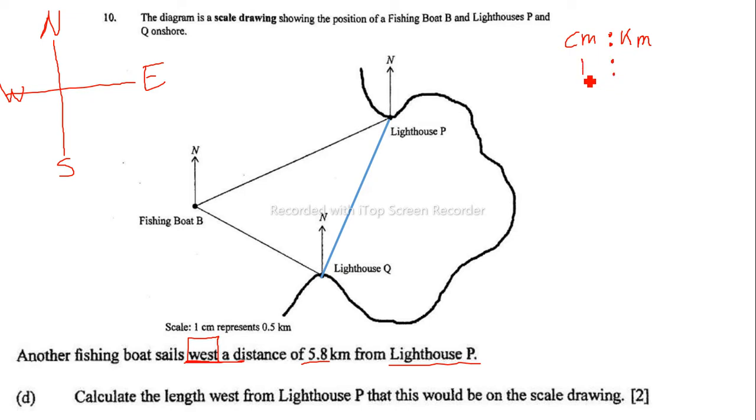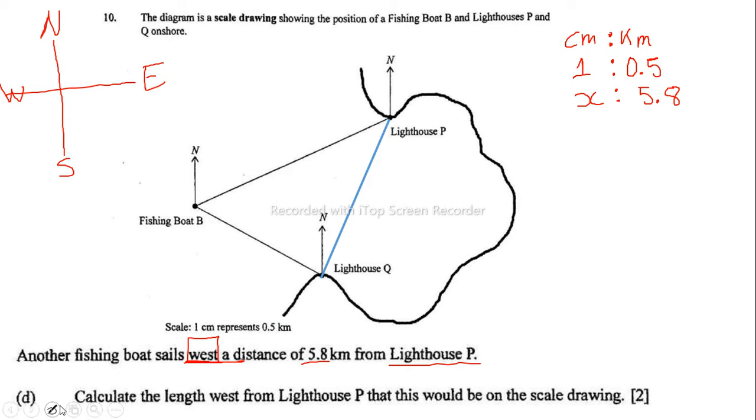We know that 1 centimeter is equivalent to 0.5 kilometers. That's true. And so if we have 5.8 kilometers, how many centimeters is that? That's the question.